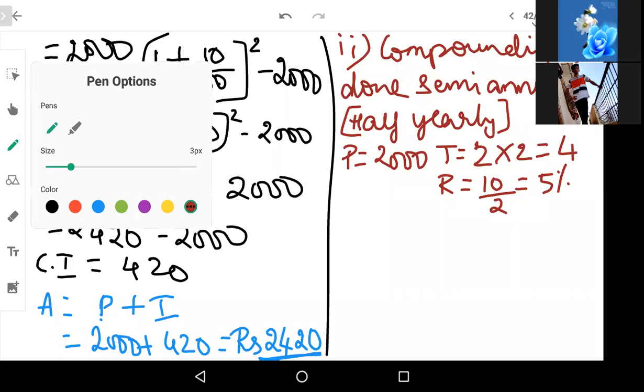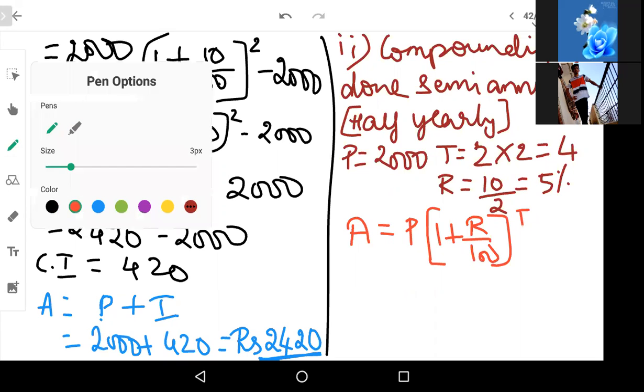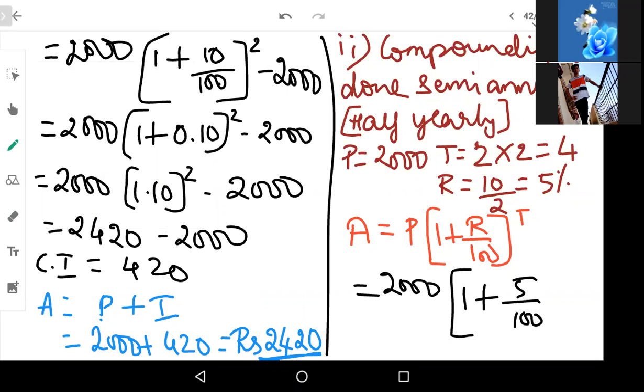Now let us put the formula. Amount is equal to P into 1 plus R by 100 to the power T. That's all is the formula. Now start solving it. 2000 into 1 plus R is 5%, 5 by 100, to the power T is 4.